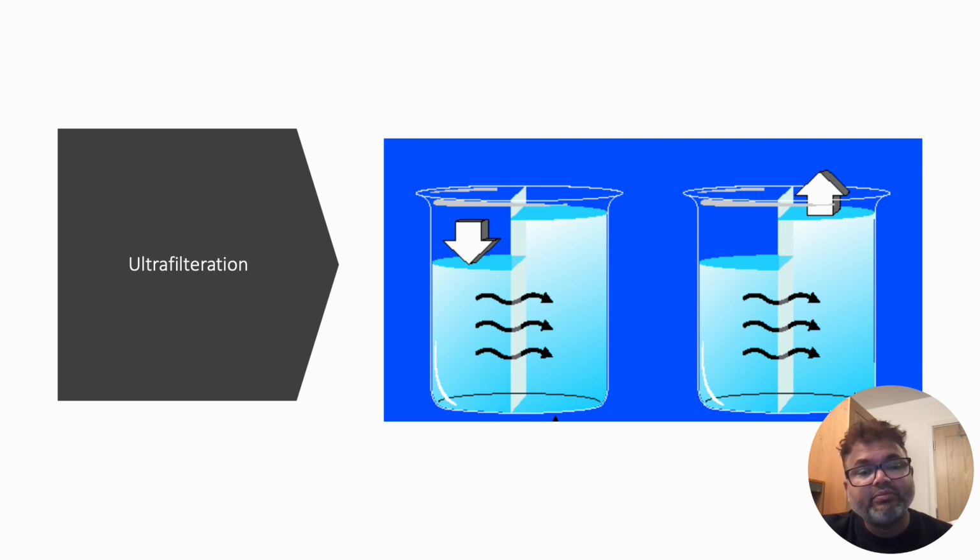So either we apply a positive pressure on one compartment, as being applied here on this side, so the fluid goes to the other compartment because of the pressure. And similarly, if you apply a negative pressure, as being applied in this second picture, it will suck out the fluid from the other chamber.